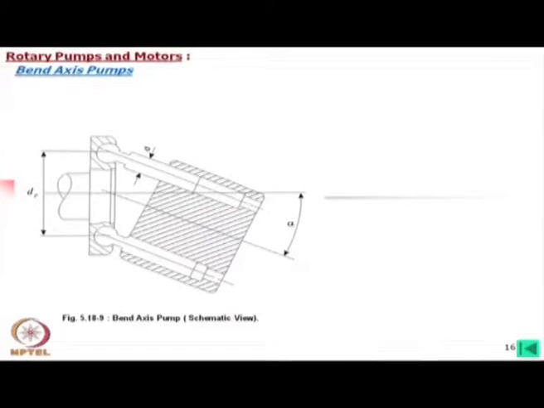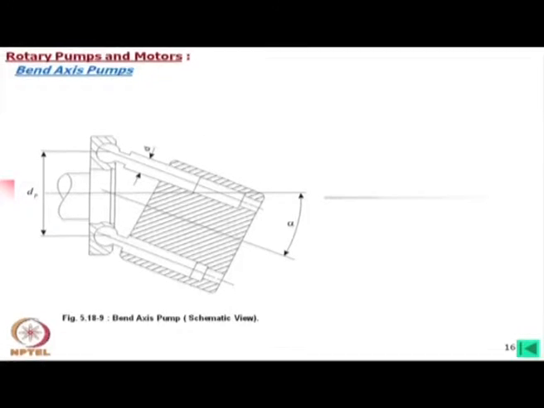So, alternatively it was thought, instead of using such a swash plate, why not bend the whole barrel. In that way the bent axis pump was invented, and in the bent axis pump this angle alpha can be made as high as 45 degrees.